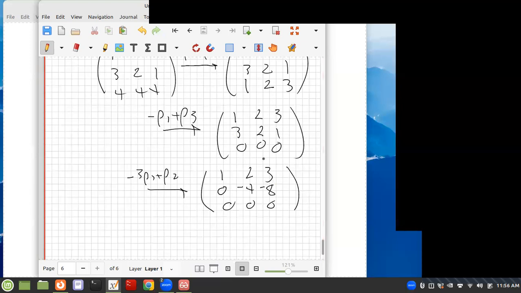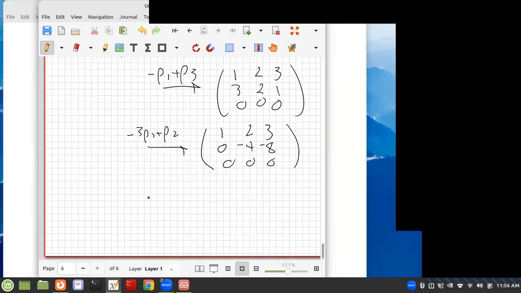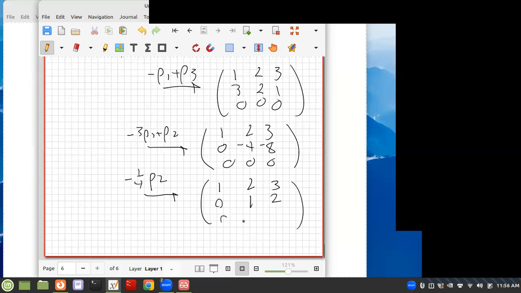And then to clear it up, I could do minus 1/4 row 2 and have 1, 2, 3, 0, 1, 2, 0, 0, 0.